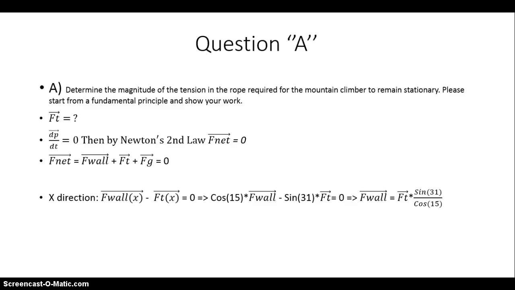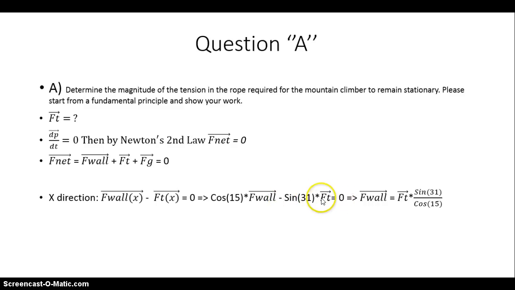In the x direction, we have F wall x and Ftx, and these two have to sum to 0 because of Newton's second law, as explained before. Plugging in the values from the previous slide, F wall x equals cosine of 15 times F wall, and Ftx equals sine of 31 times Ft, and this all has to equal 0.